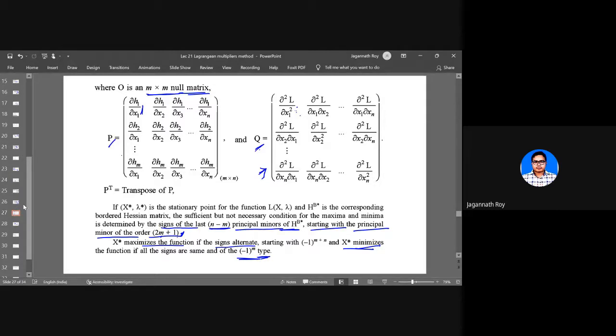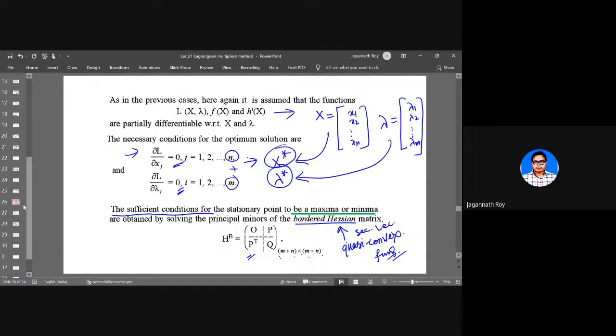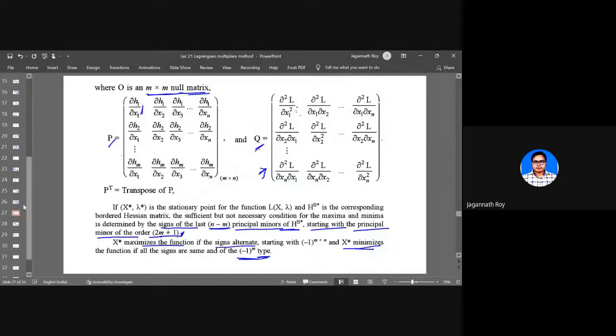For the bordered Hessian matrix, it is difficult to define positive definite or negative definite directly, because the bordered Hessian matrix contains first order derivatives also. But the original Hessian matrix is a collection of second order derivatives only.